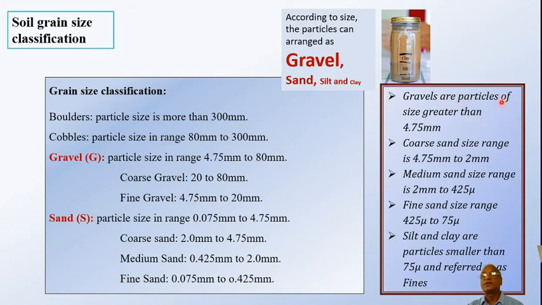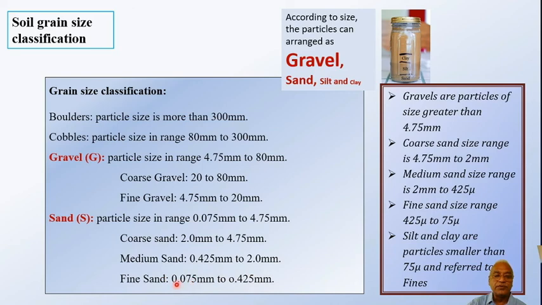Now lastly, just a highlight of everything. Gravels are particles of size greater than 4.75 mm. Coarse sand size range is 4.75 to 2 mm. Medium sand is 2 mm to 425 microns, and fine sand is 425 microns to 75 microns, the same thing told as 0.075 mm to 0.425 mm.